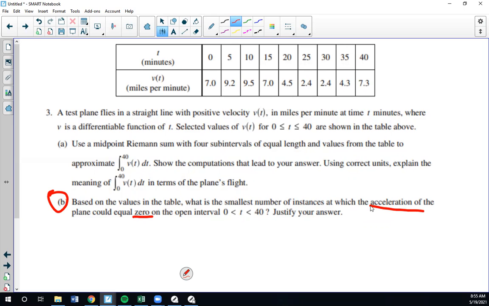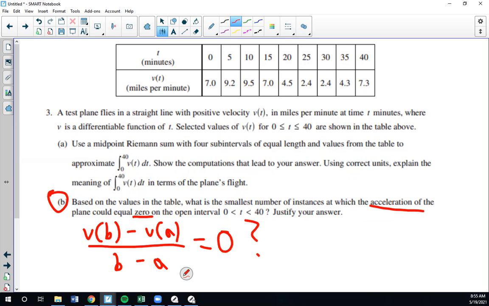Well, the mean value theorem would be saying that if v of b minus v of a, because we're asking about v prime if we're asking about acceleration, over b minus a equals 0, then between a and b there's got to be somewhere where acceleration is 0. And yes, that happens from 25 to 30.